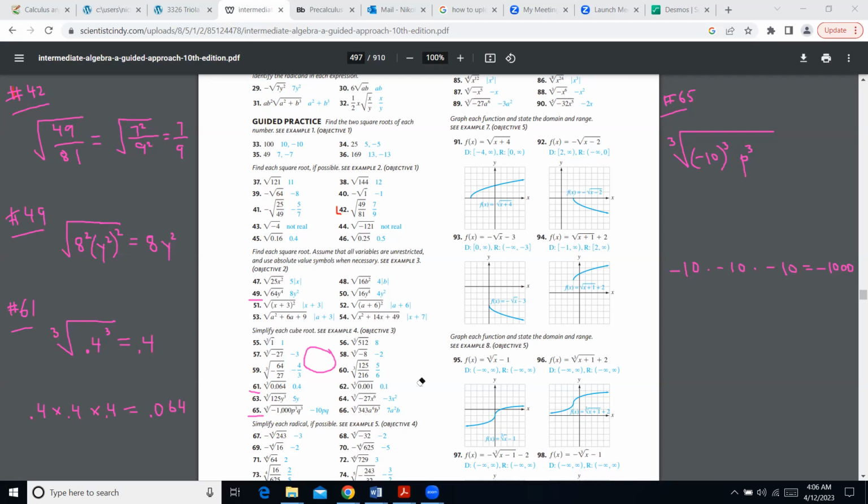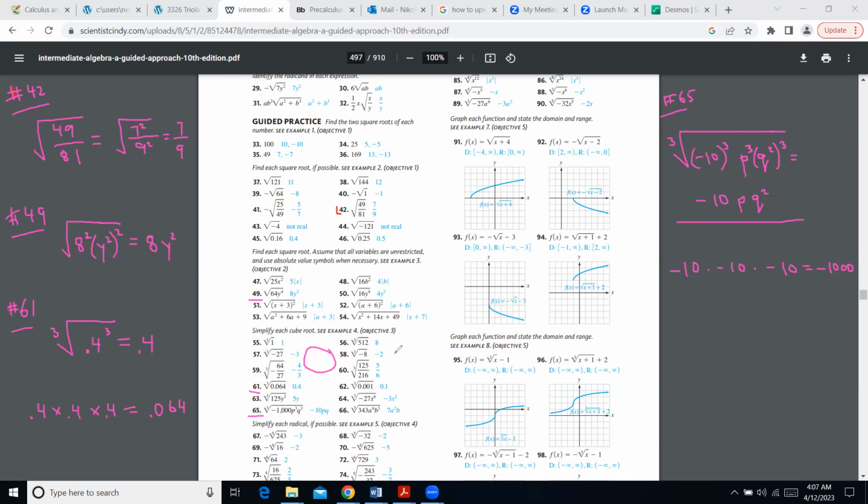But with q, I can divide the power of 6 by 3 and get q squared. In other words, if I cube that second power of q, I'll get just what I need. So this will be -10, without a cube, p and q to the power of 2. And this is it. This is our little answer.